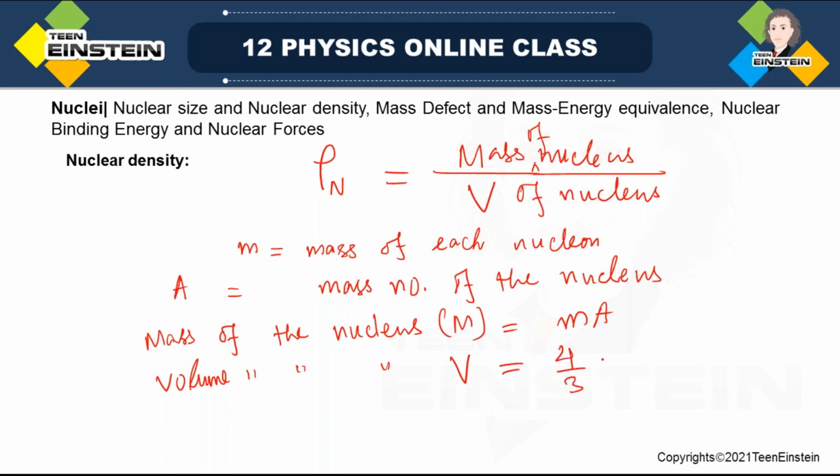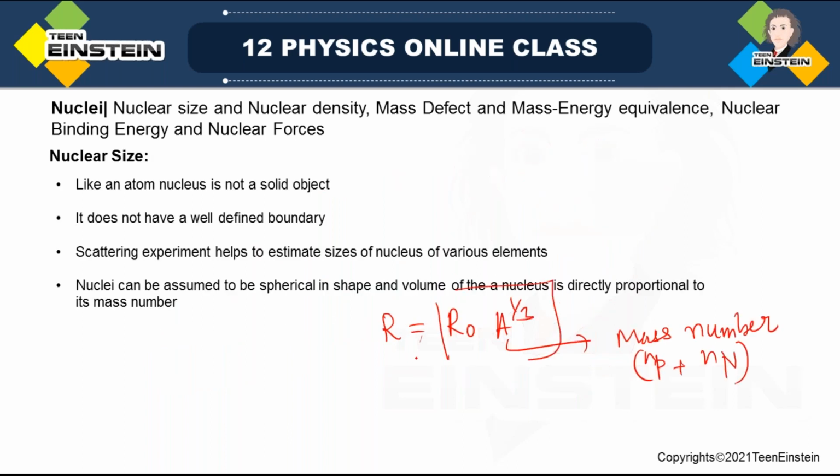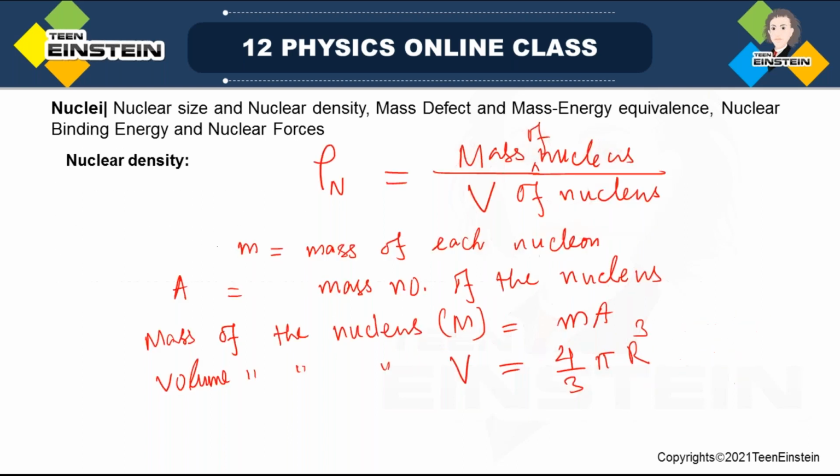We already know 4 by 3 pi r cube, right? So this r cube we can just replace with r0 into A to the power 1/3, whole to the power 3.